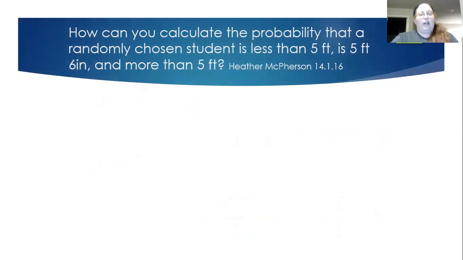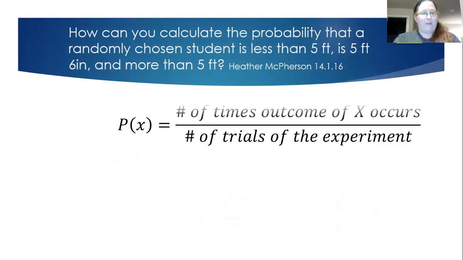Now we want to calculate the probability that a randomly chosen student is less than 5 feet, is 5 foot 6 inches, and more than 5 feet. What we're given in the question is all in inches, but it's asking for feet, right?